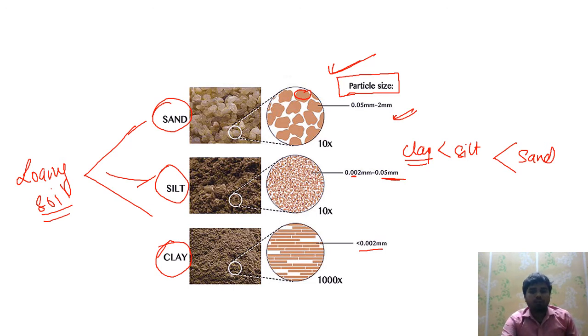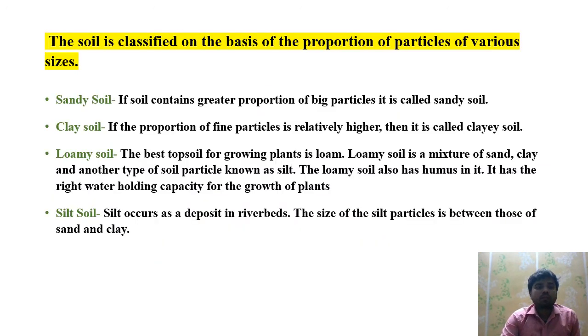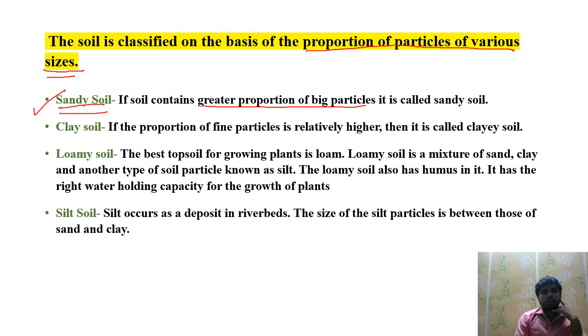Now we will read the important points about sand, silt and clay. Soil is classified on the basis of the proportion of particles of various sizes. The first is sandy soil: if the soil contains a greater proportion of bigger particles, it is called sandy soil.